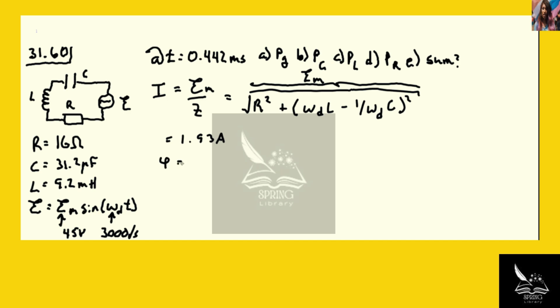And the phase is the arctangent of the inductive reactance minus the capacitive reactance divided by the resistance. This would be 46.5 degrees.